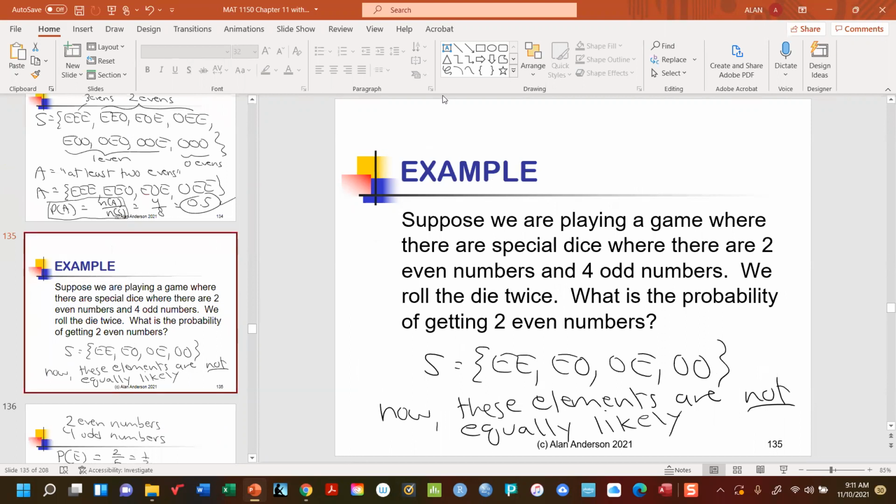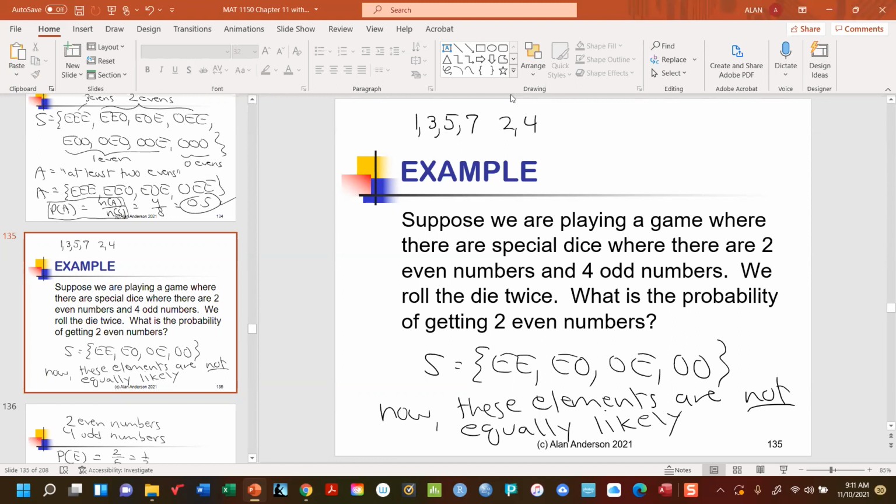Each of these dice contains the numbers 1, 3, 5, 7, 2, 4. We don't know why, but let's just say this game is a very bizarre set of dice.